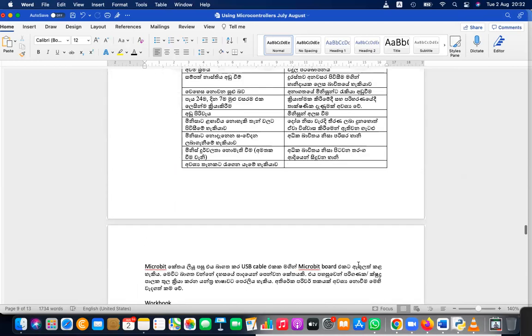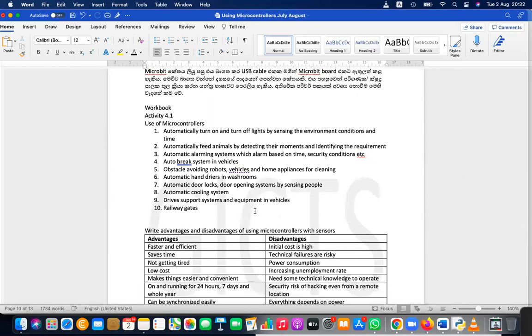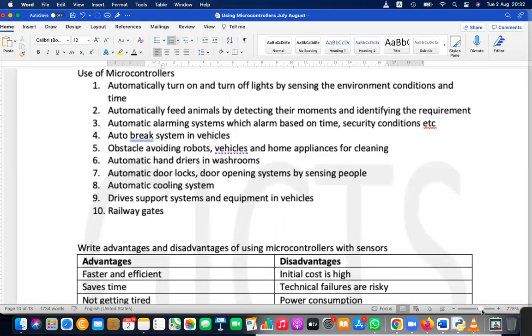So we have learned the places where microcontrollers are used. This is a workbook activity. Where the microcontrollers are used, you don't write anywhere, but just mention.